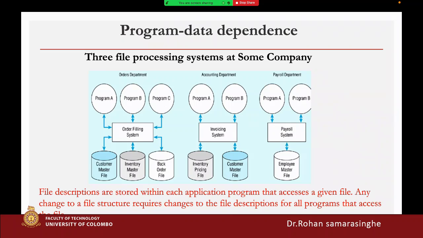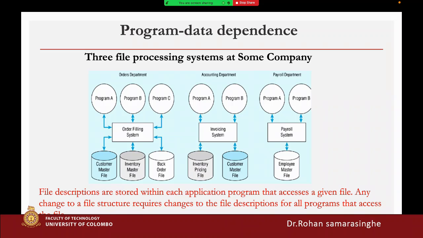And program-to-data independence. Consider three file processing systems at some company: orders department, accounts department, and payroll department. These three departments use these files: customer master file, inventory master file, and back order file. The invoicing system uses the inventory pricing file and the customer master file.